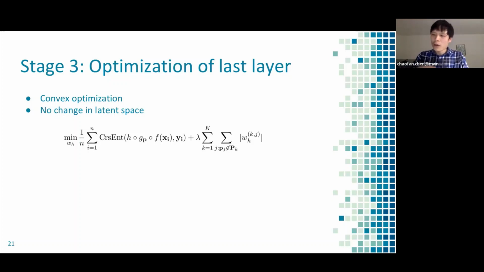We'll allow the last layer weights to change. At the same time, we do not allow anything else to change. So the convolutional layers, the feature extraction layers, and the prototype layer will not change, because the latent structure, or the feature space, has been very well shaped at this point.